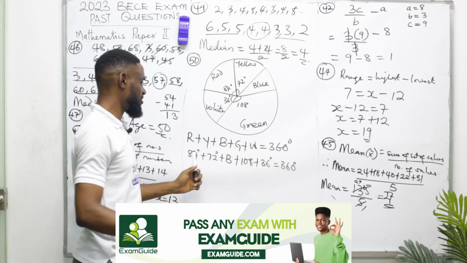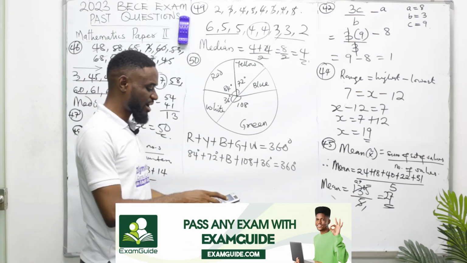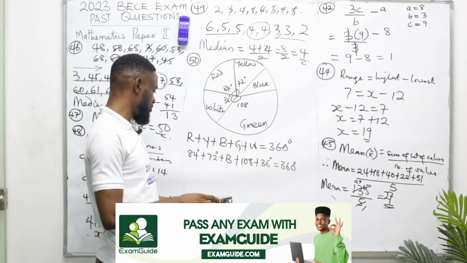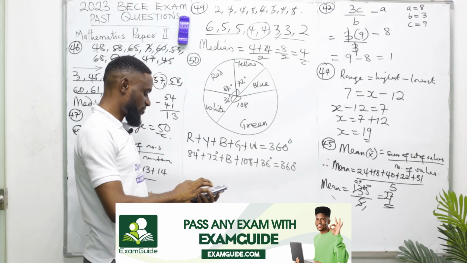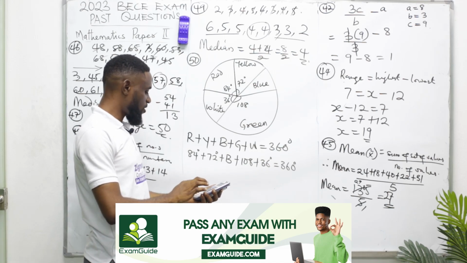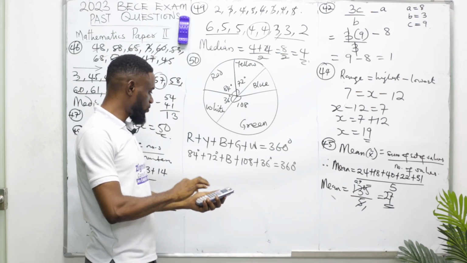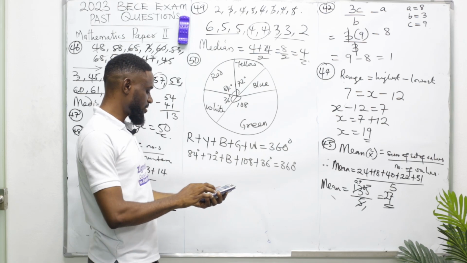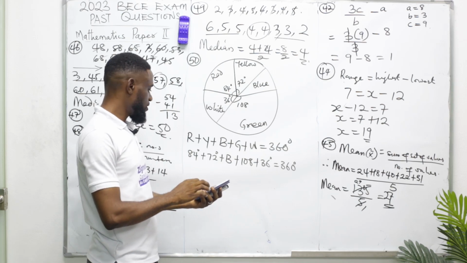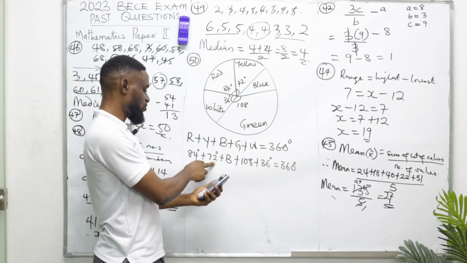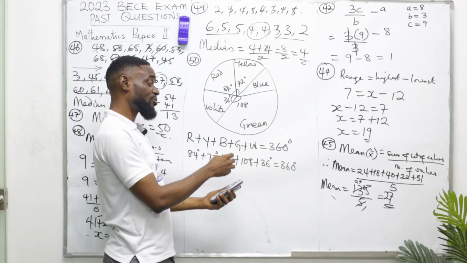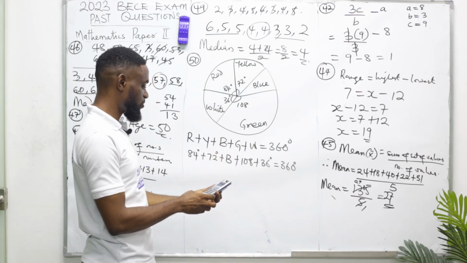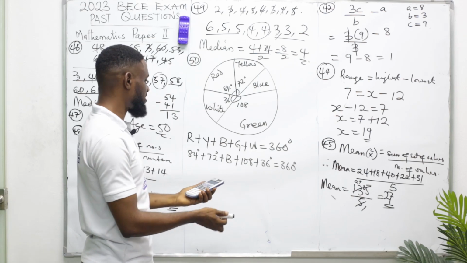With this now, we can just calculate all this. So let's use our calculator. I told you you'll be allowed to use a calculator so that you can be very fast, okay? So 84 plus 72 plus 108 plus 36. Always confirm what you try to check, okay? So it gives us 300.